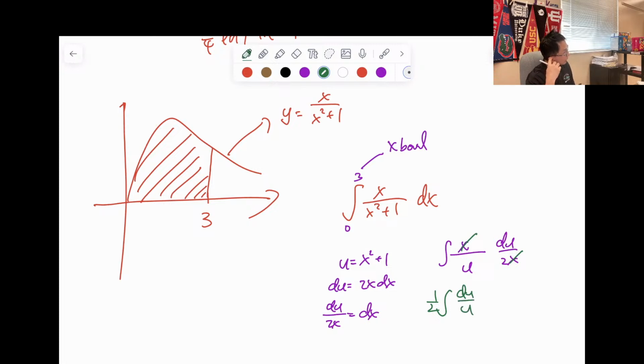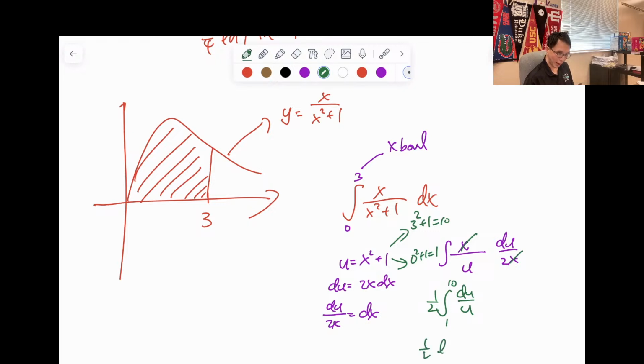Now what happened with the boundary? I draw 2 arrows to tell me, hey, I need to substitute the bound because everything is u bound. Do not convert back to x. That's another common problem: people do a u bound and then convert back to x. Do not convert, just say everything is u. 3 squared plus 1 is equal to 10. 0 squared plus 1 is equal to 1. So it's 10, 1. Is that okay?